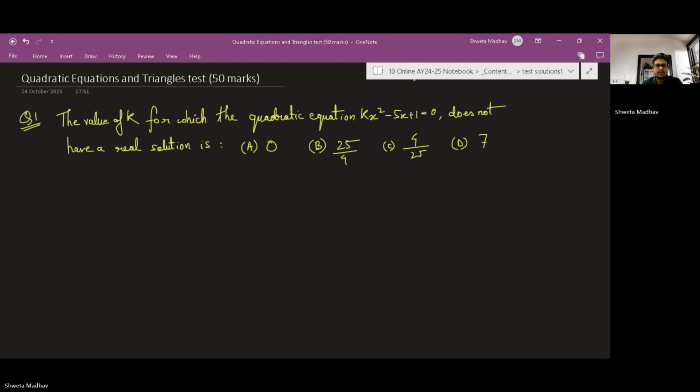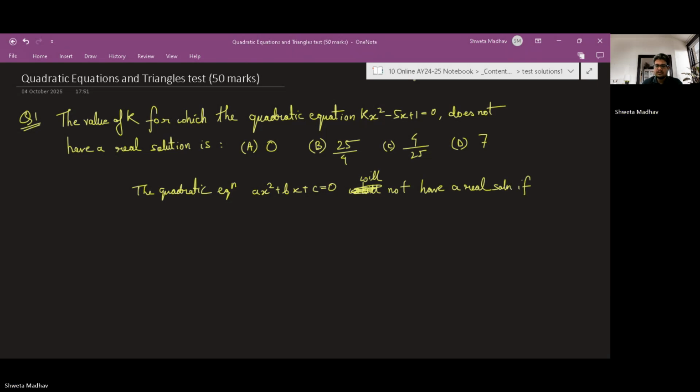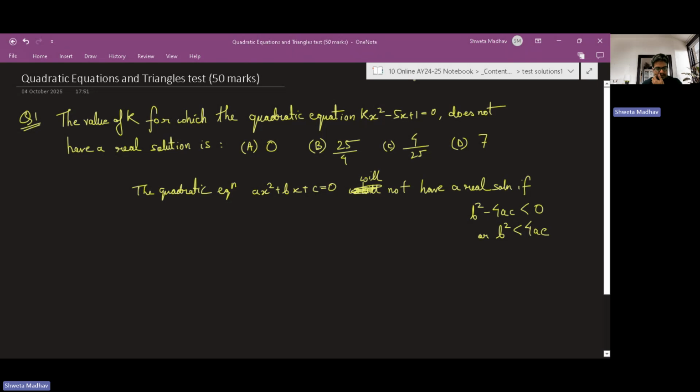So the formula is that if the quadratic equation ax square plus bx plus c equal to 0 will not have a real solution if b square minus 4ac is less than 0, or I can say that b square is less than 4ac.